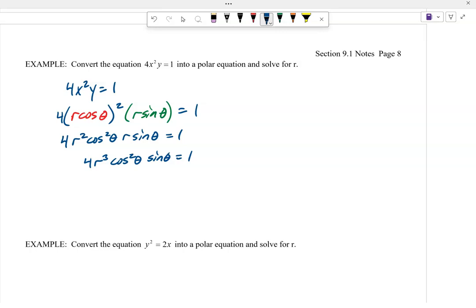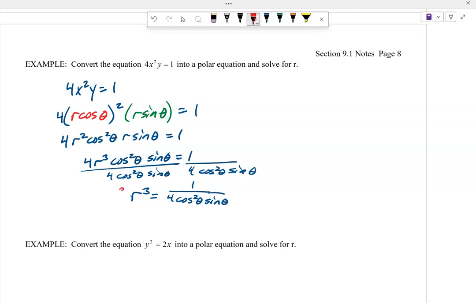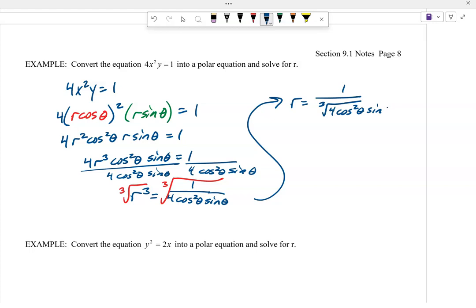I'm just going to go ahead and solve for r cubed. So let me divide it all by 4 cosine squared sine, this side too. So I've got r cubed is 1 over 4 cosine squared sine. And now I just want to take a third root. I want to solve for r. So r ends up being the third root of 1, which is just 1, over the third root of 4 cosine squared sine theta.